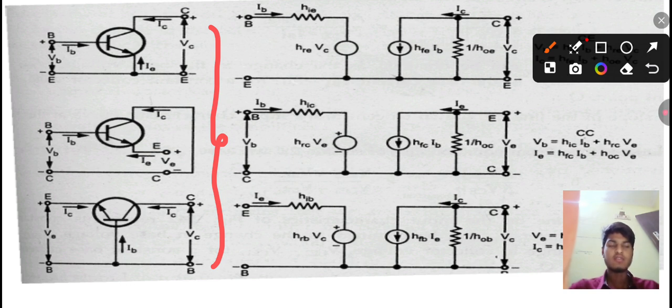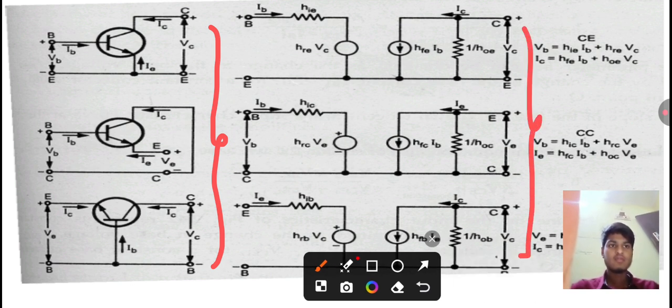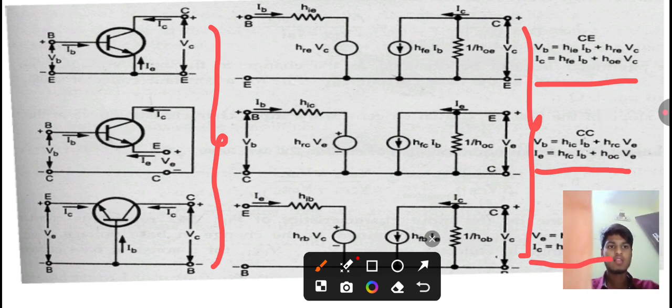These three are called two-port networks in a transistor: CE mode, CB mode, and CC mode.